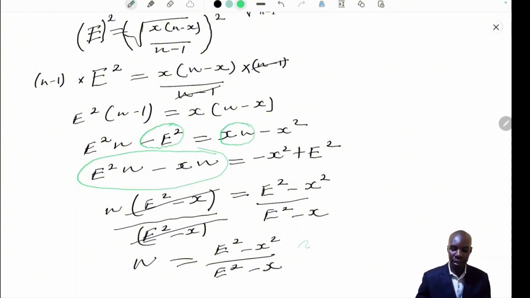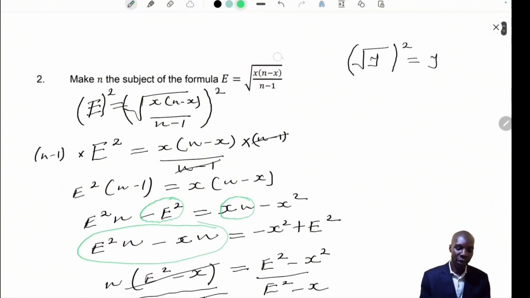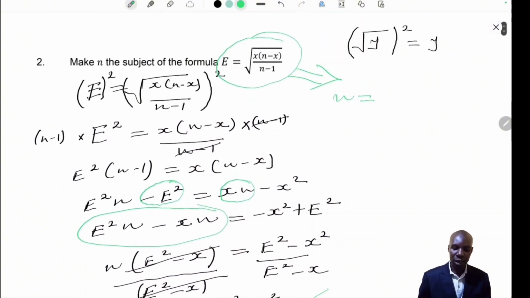And now we have made n the subject of the formula. The formula that we were given is this formula, and we've come to realize that n can now be given by e squared minus x squared over e squared minus x. And that is how it's supposed to be done.